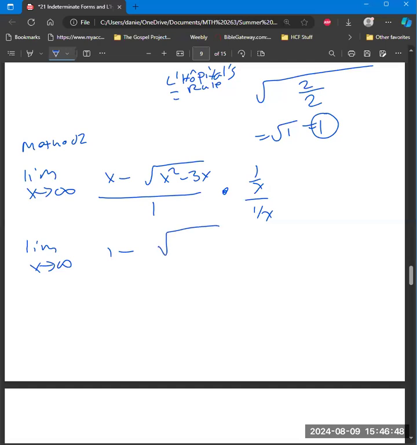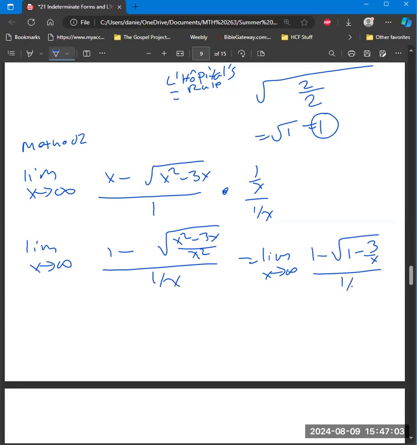When I do that, this is going to be x squared minus 3x over x squared here. It's going to be the limit as x goes to infinity of 1 minus 3 over x, over 1 over x. This is going to go to 1 minus 1 over 0, which is 0 over 0, an indeterminate form.